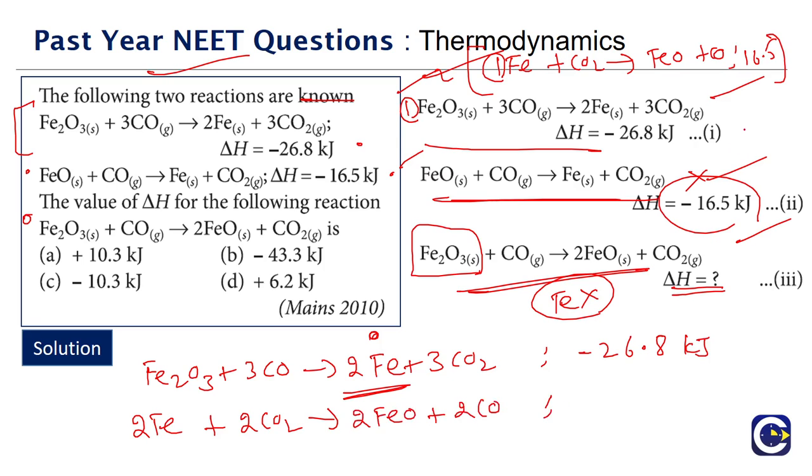The enthalpy change is also multiplied by 2, so 16.5 into 2 is 33 kilojoules.